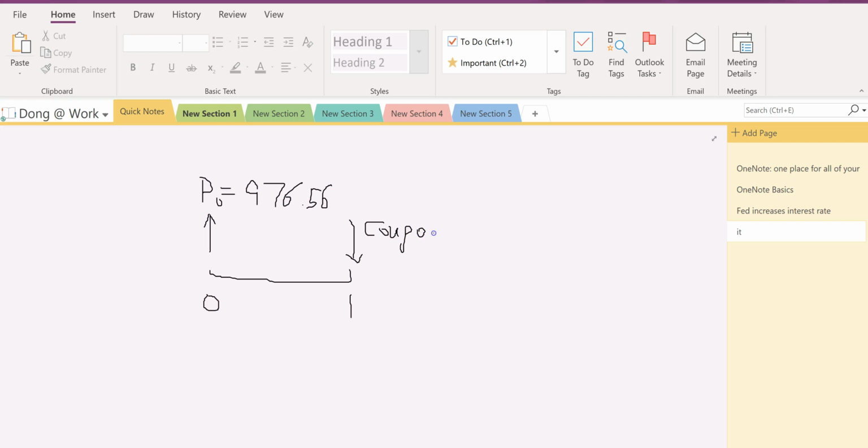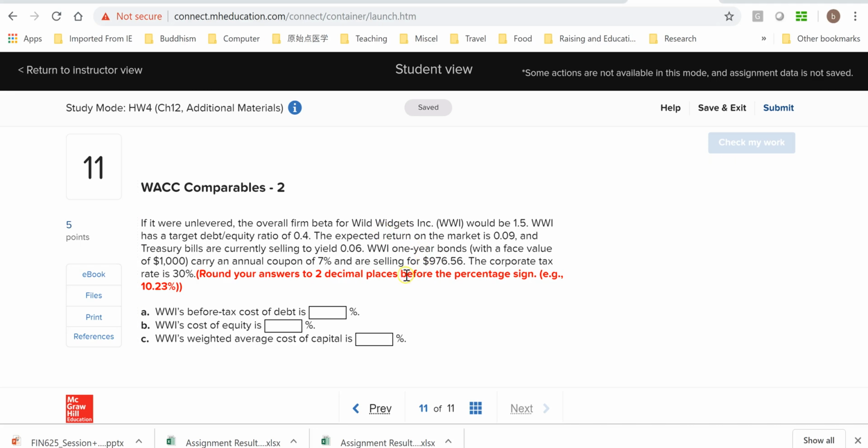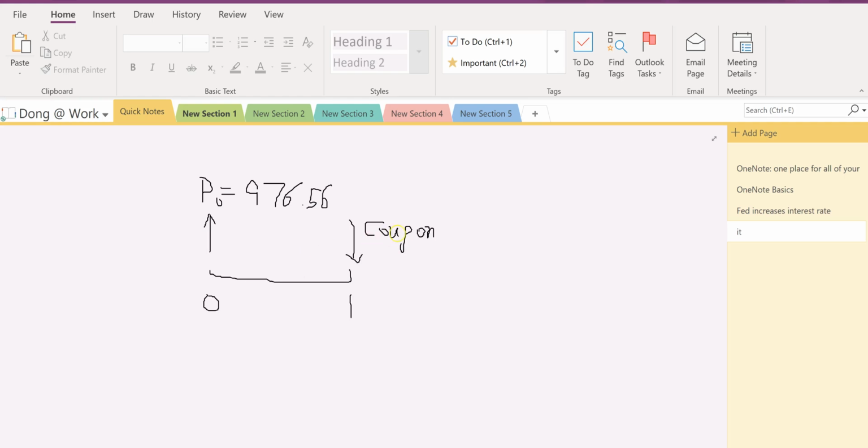This is a 1-year bond, so he can only be paid one coupon. And we know the coupon rate, so we can just multiply the coupon rate by the face value to get the coupon payment. 7% times 1,000 is 70.